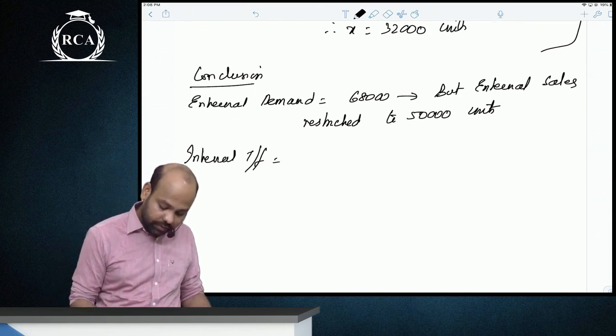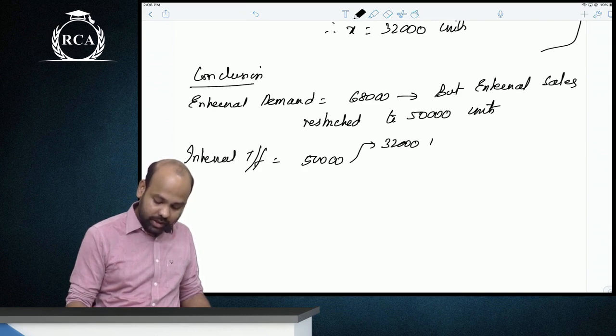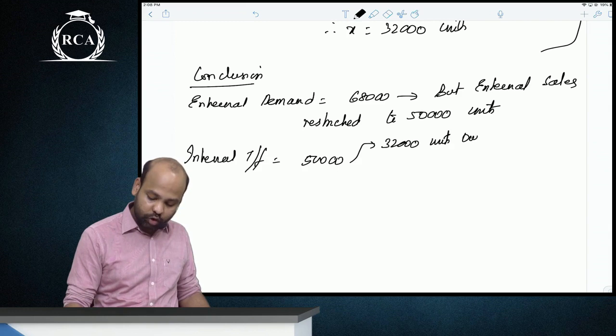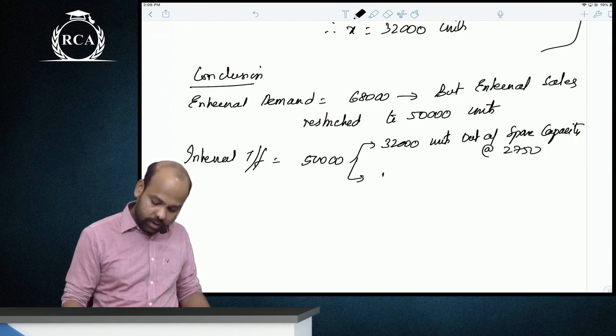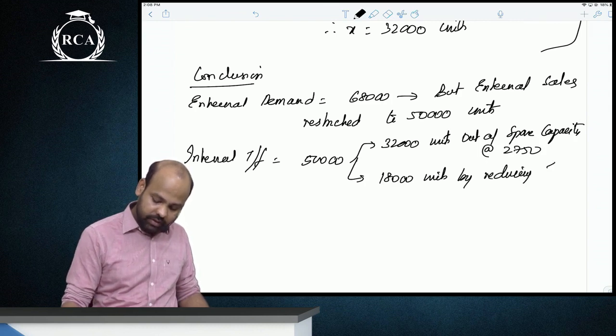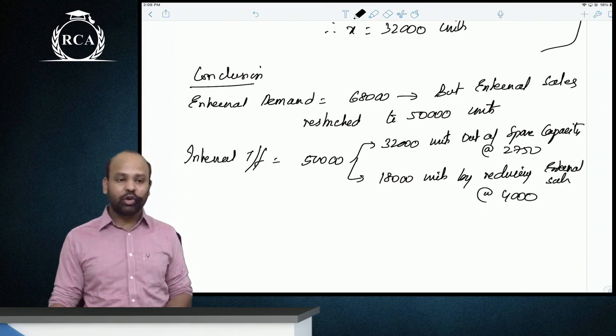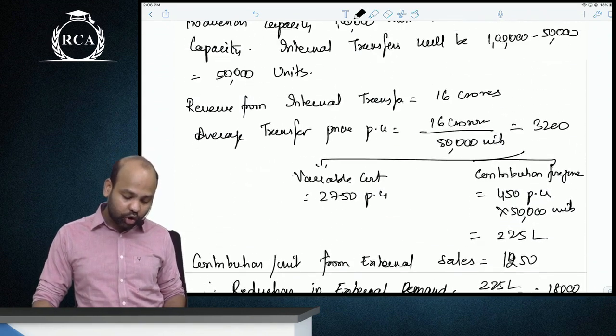Internal transfers are 50,000 units. 32,000 units out of spare capacity, where there is no opportunity cost, at 2,750. 18,000 units by reducing external sales, which would mean at 4,000 rupees. This is what you have to understand. This is the final conclusion of the first bit.